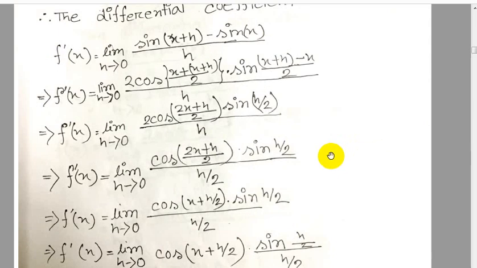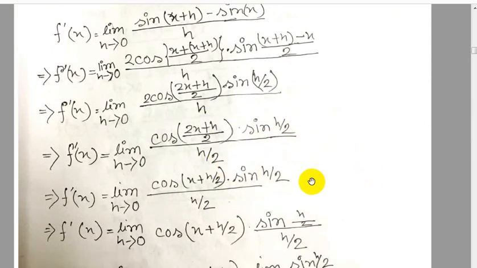While you are watching this video, please take a note that limit x tends to 0, sine x divided by x equals 1. Always this is true.